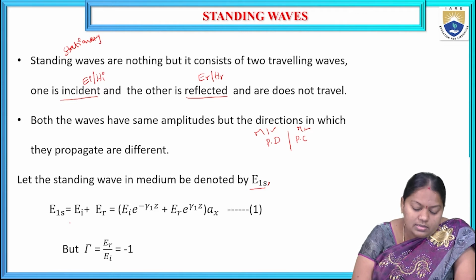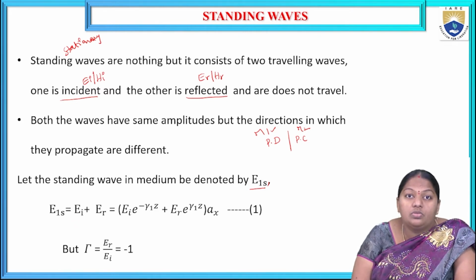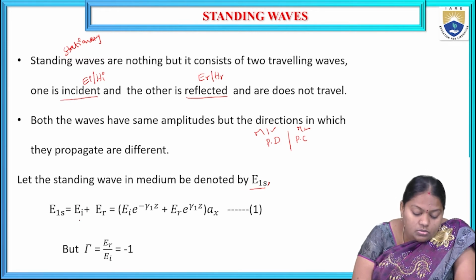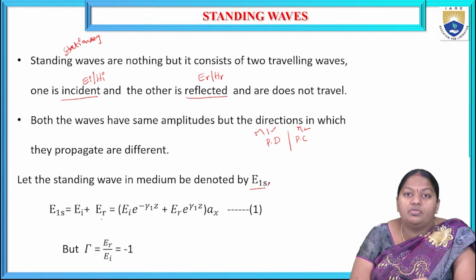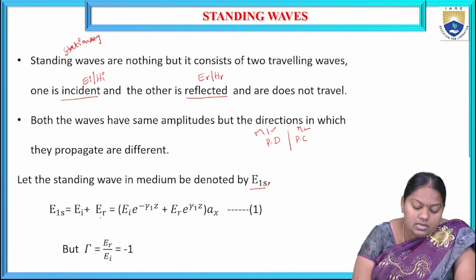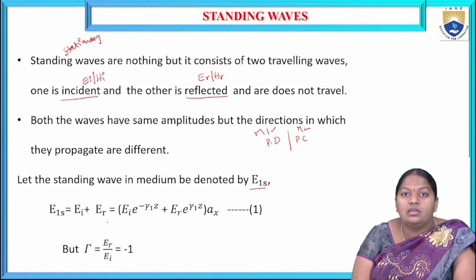And E1S consists of what? Two traveling waves, two moving waves. What are those two? EI, the incident wave field strength, and ER, the reflected wave field strength. So E1S is equal to EI plus ER.